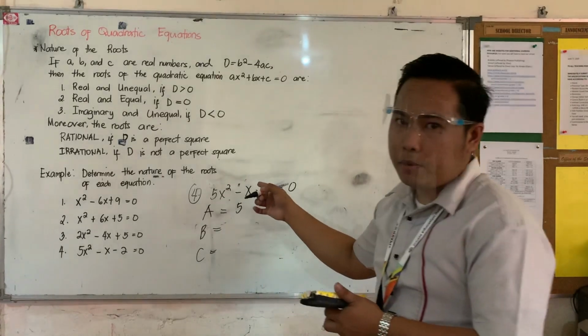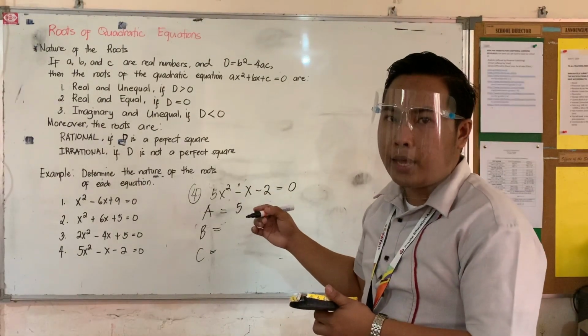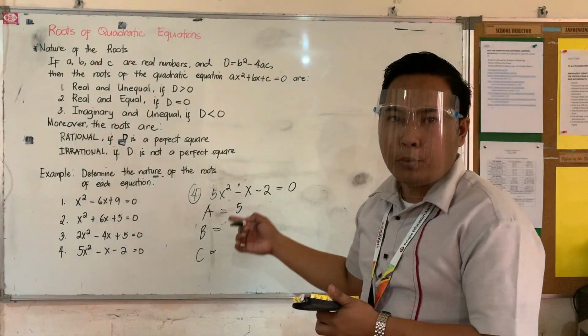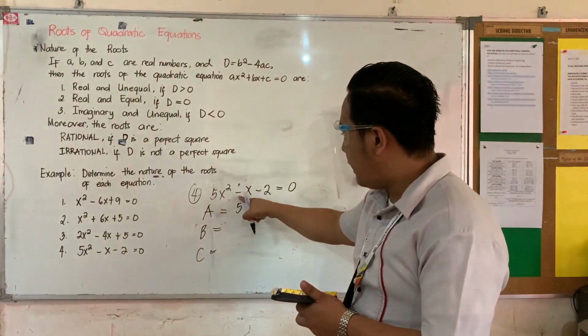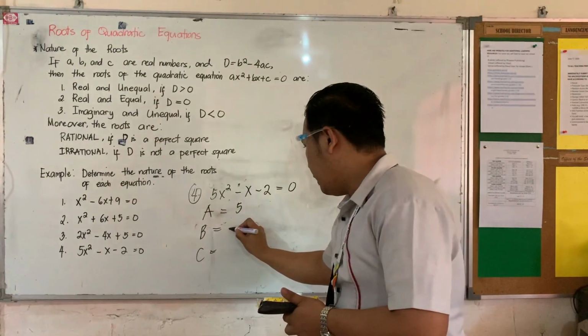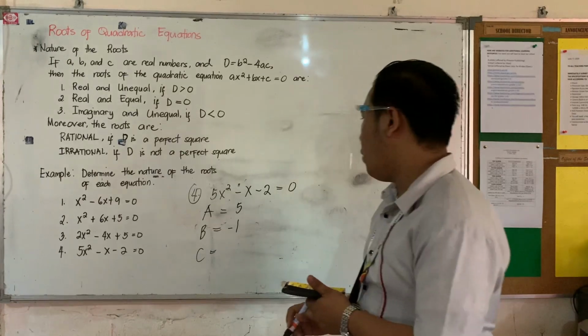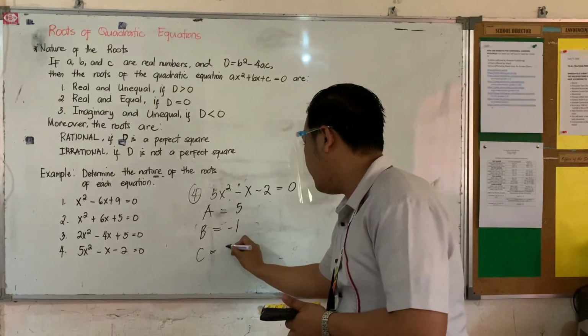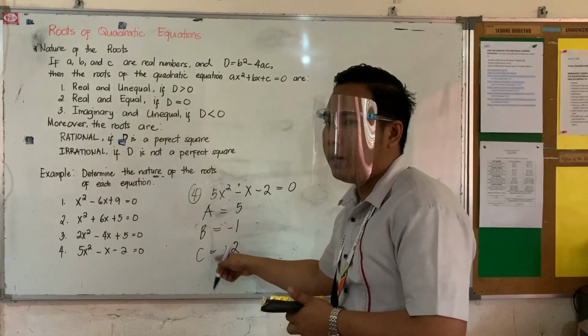Letter B, gaya ng sinabi ko kanina, kapag variable lang na nakikita natin, ang numerical coefficient po niyan ay 1. Since naka-negative sign po tayo, therefore, the value of B is also negative 1. And our constant term, we have negative 2 as the value of our C.